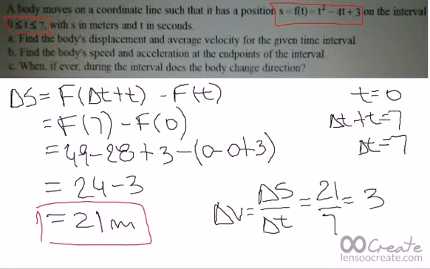So this will equal 3. Yay! So we have the answer for the first question. The displacement will be 21 meters, and the average velocity is going to be 3.